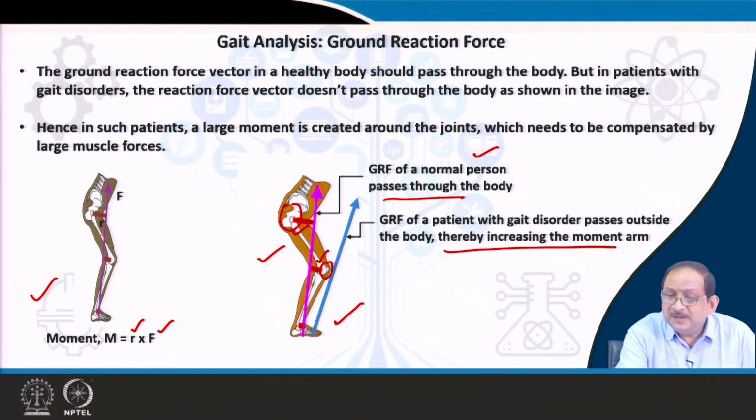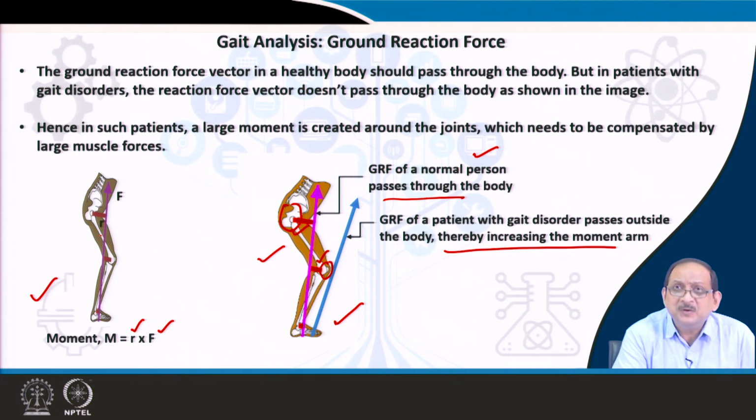So, this deviation in the ground reaction force increases the moment, and this moment needs to be compensated or balanced by the muscle force.